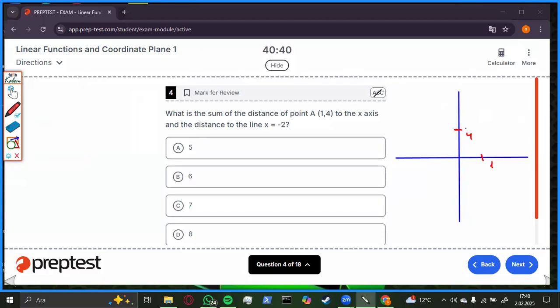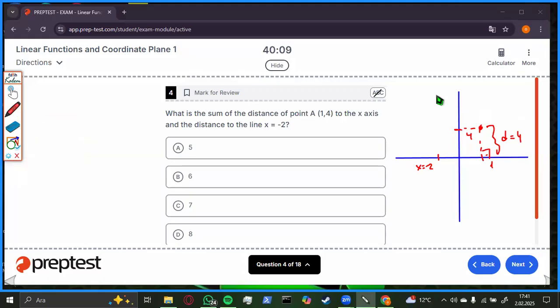Okay, so point (1, 4) is here. The distance to the x-axis means that you draw a line perpendicular to x, and as you can realize, that distance is 4 units. Okay, and also you are going to show the line x equals minus 2. Yes, x equals minus 2 is here.